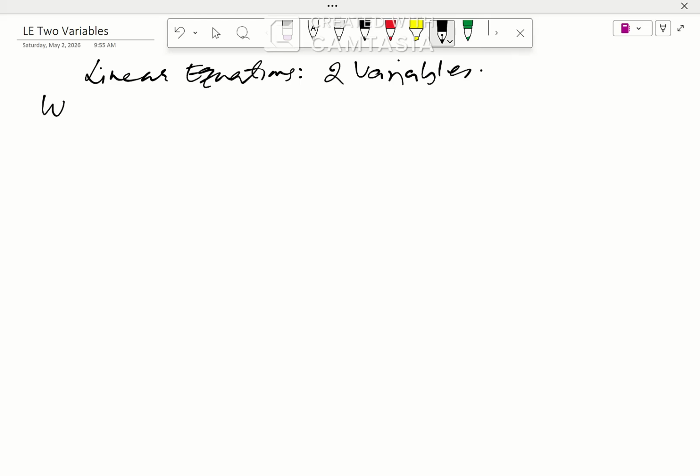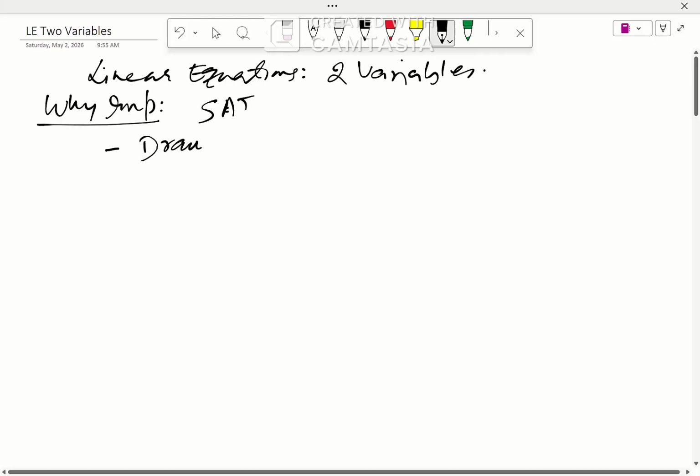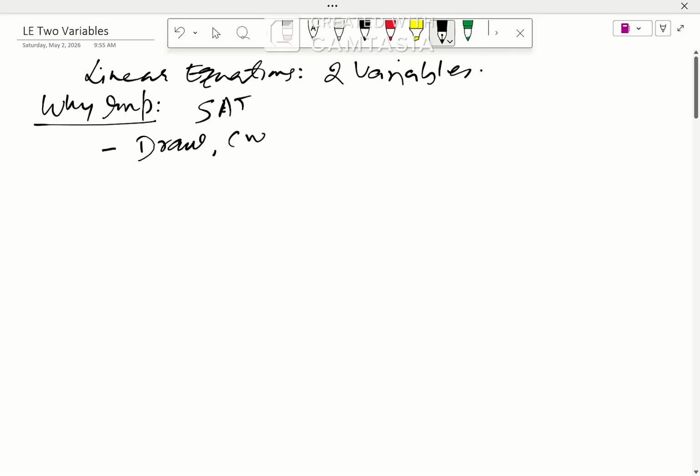Now why is this topic important? From the SAT point of view, this topic is important for various reasons. It allows us to learn how to create a line from the descriptors of the line.